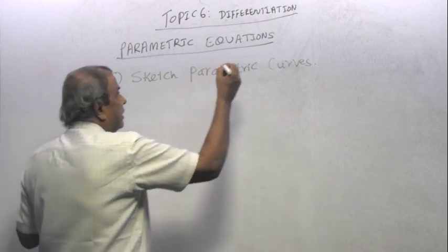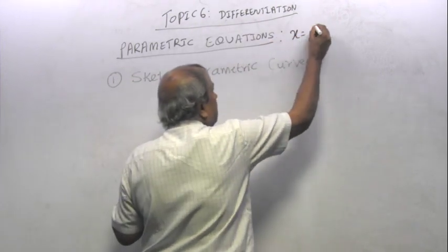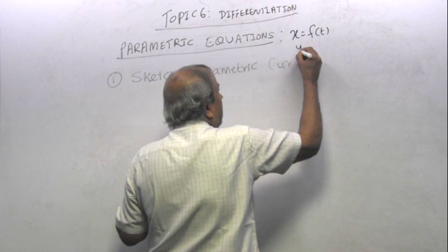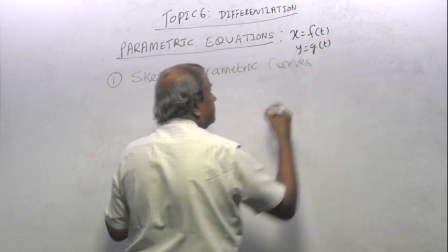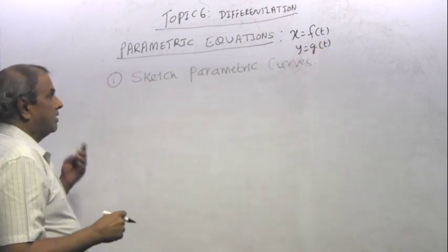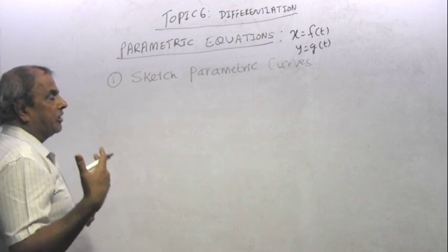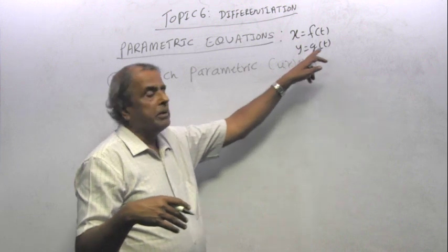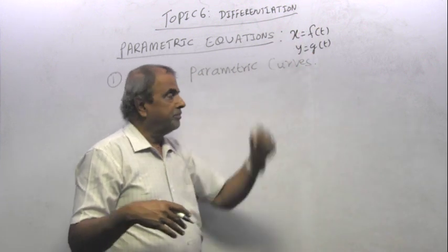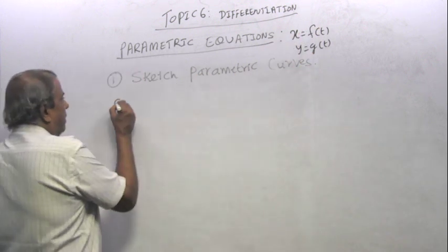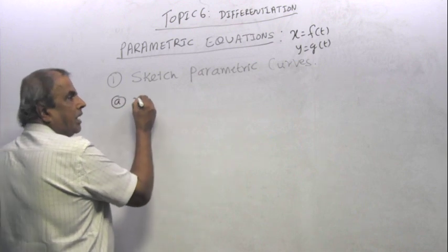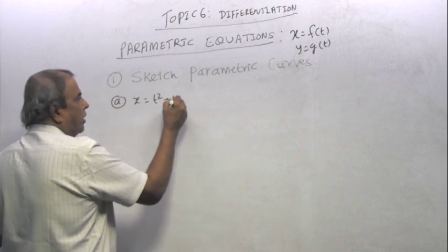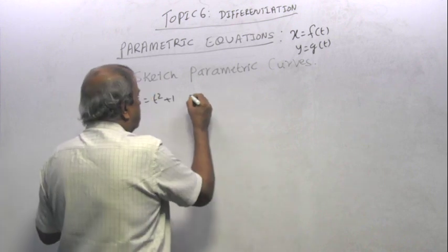So parametric equations, I can say x equal to f of t, y equal to g of t. In other words, the values of x and y, the domain and range, both depend upon the value of t. Let's take part A. x equal to t squared plus 1, y equal to t plus 2.